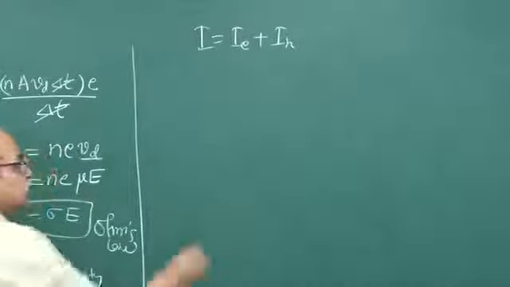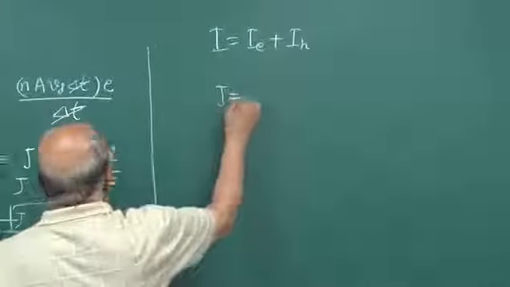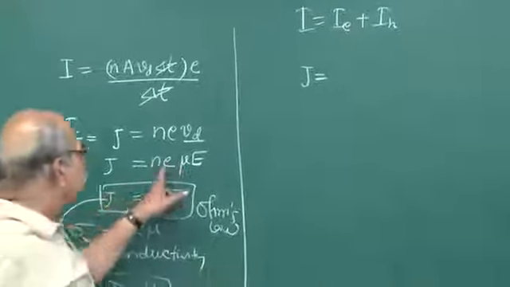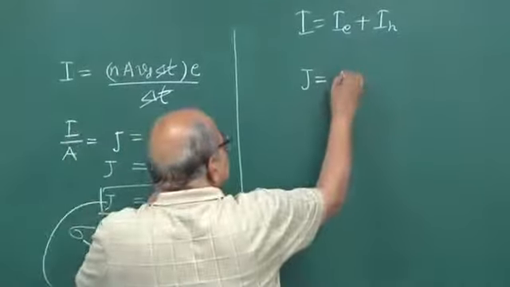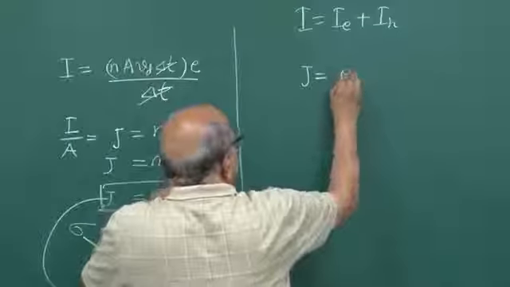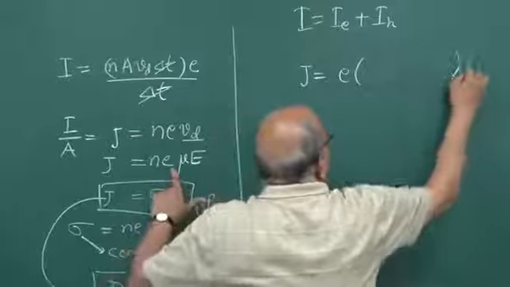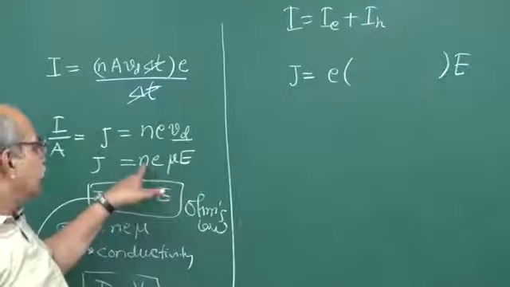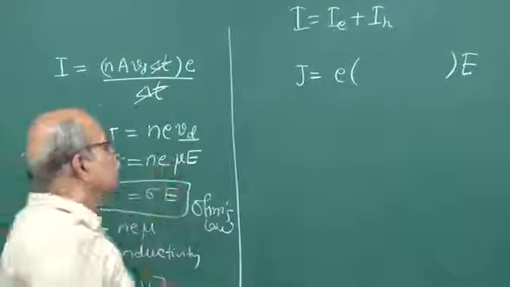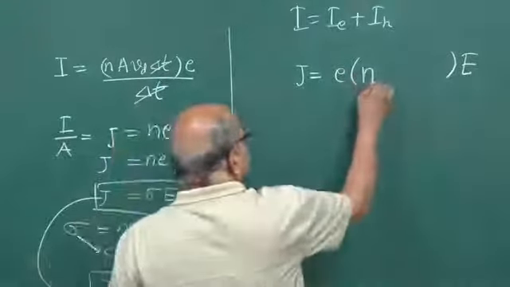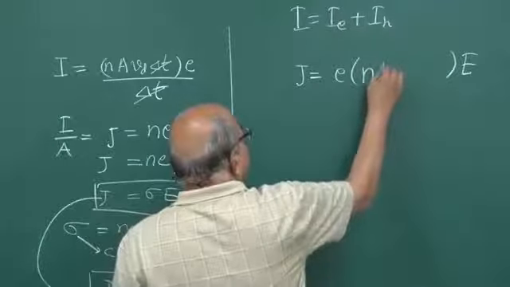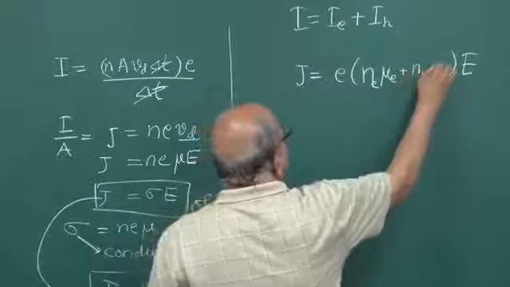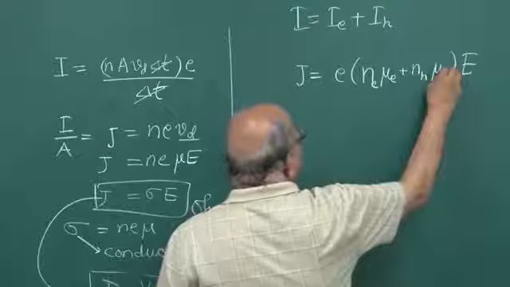So if you write J will be N times E times mu, the E and capital E can be taken out, and then you have N and mu: the number of electrons and mobility of electrons plus the number of holes and mobility of holes.